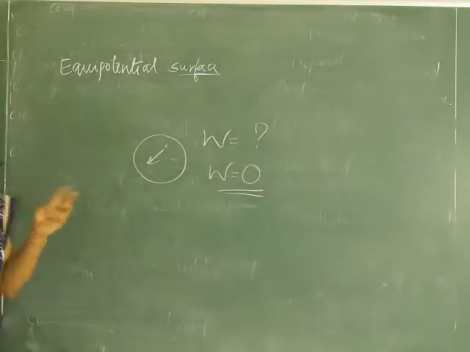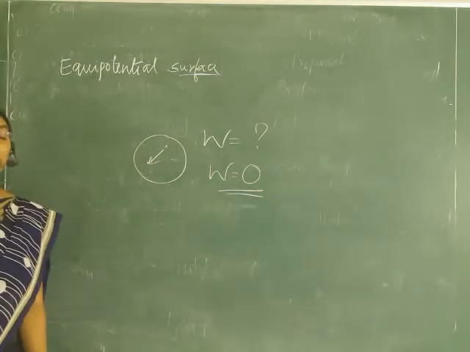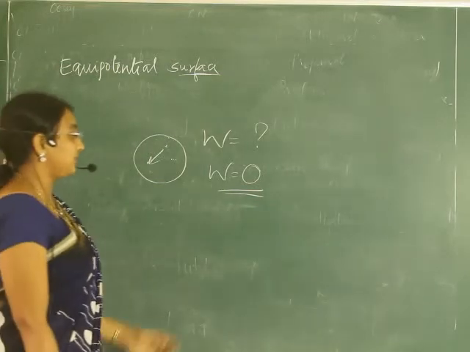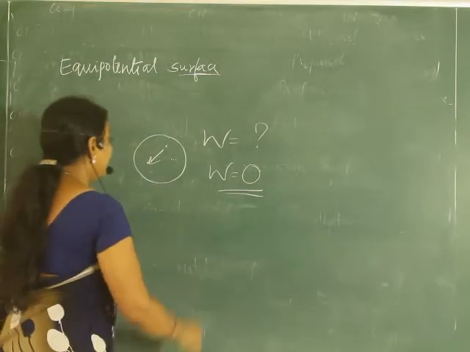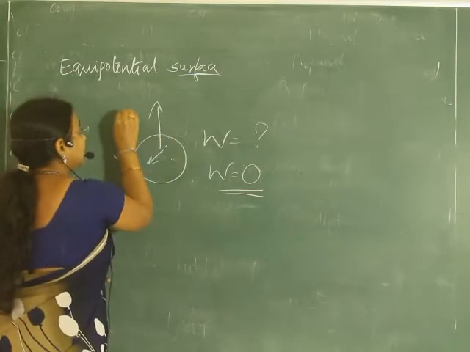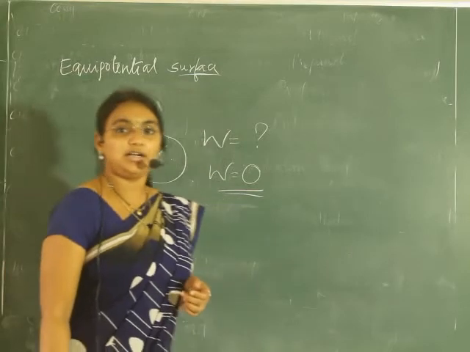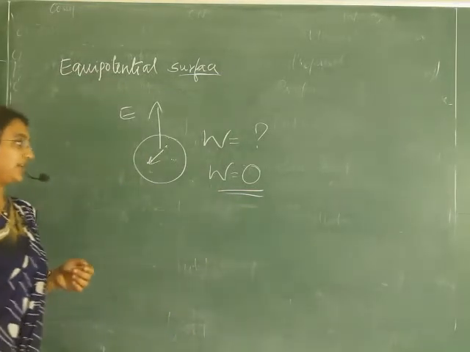Second point, the work done in moving a charge from one point to another point in an equipotential surface is 0. Electric field is always normal to the equipotential surface. When we draw the electric field, it is normal to the surface. Always electric field is drawn normal to the equipotential surface.